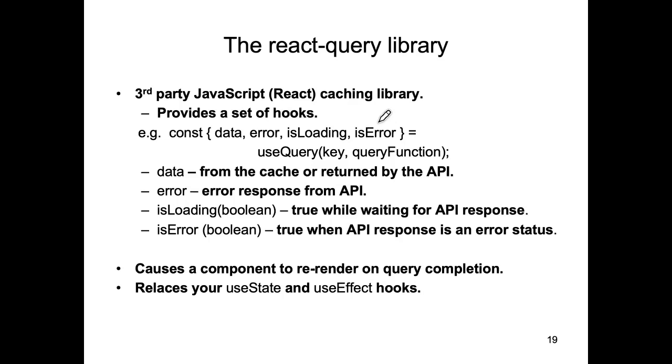This one here tells us if we actually got an error response back from TMDB. This is the important one, I suppose. This is the one that's going to contain the actual data, whether that data came directly from the cache because it already had it, or it ultimately came from TMDB and it put it into the cache and then gave it back to us.